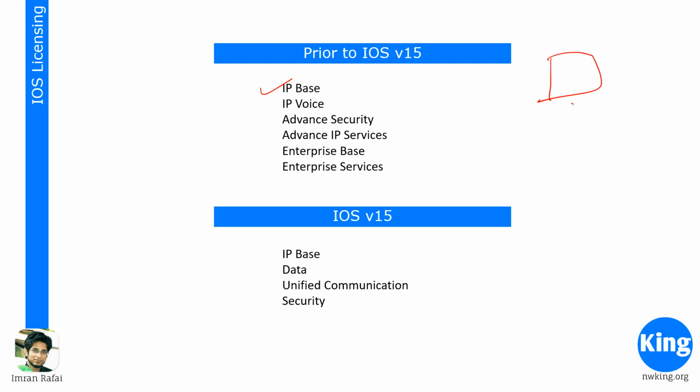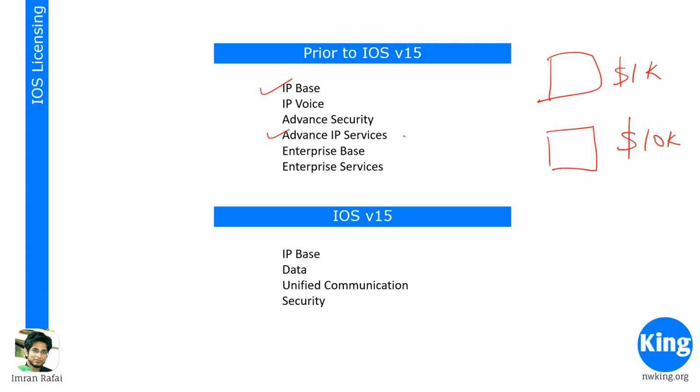Maybe your friend says, I want Enterprise IP Services, right? It's the same hardware, but with IP Base it cost you $1,000, while your friend paid $10,000. Okay, don't quote me on the numbers, I'm just giving you random numbers.